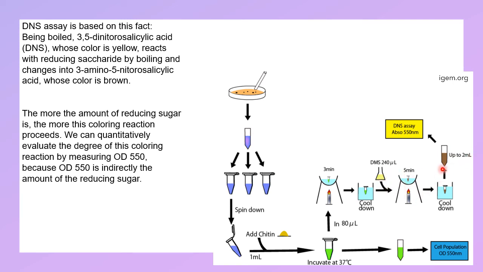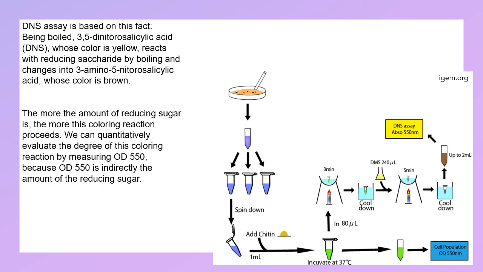The color change indicates that there are reducing sugars present. The more reducing sugar there is, the more this coloring reaction proceeds. We can quantitatively evaluate the degree of this coloring reaction by measuring the OD at 550 or 540, as it indirectly shows the amount of reducing sugars.